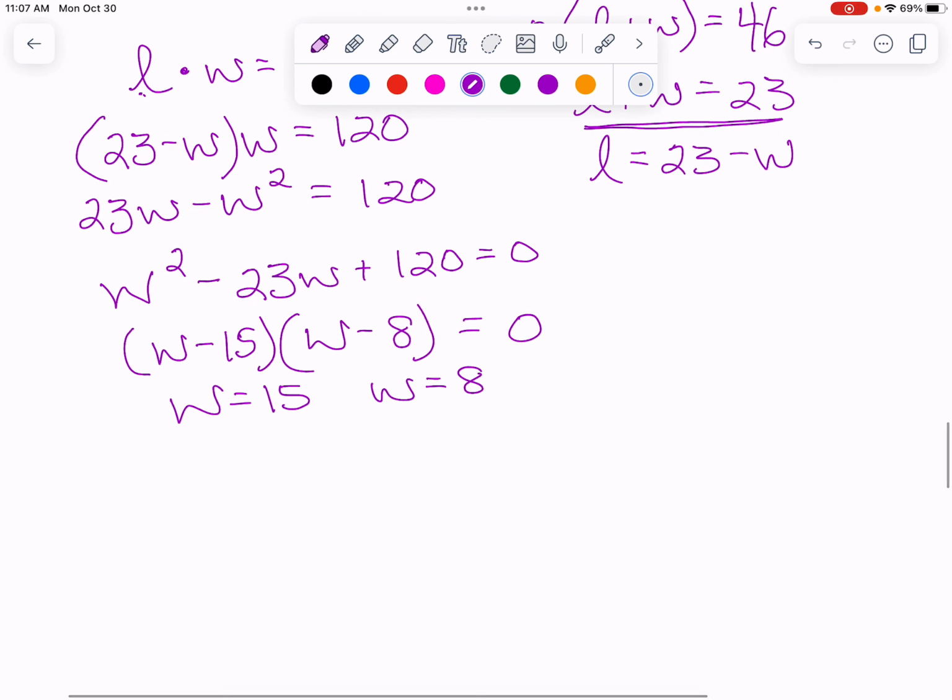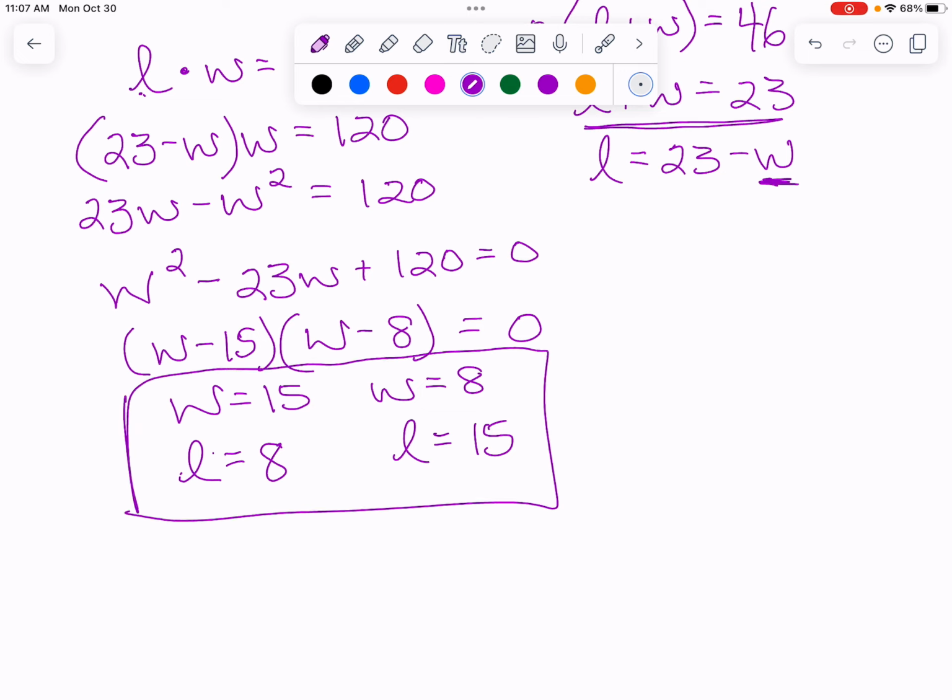Just like the problems above, we have two solutions. So I plug in my w. So when the width is 15, my length is going to be 8. When the width is 8, that means your length is going to be 15. Those are your two possible measurements. And that is all for this lesson.